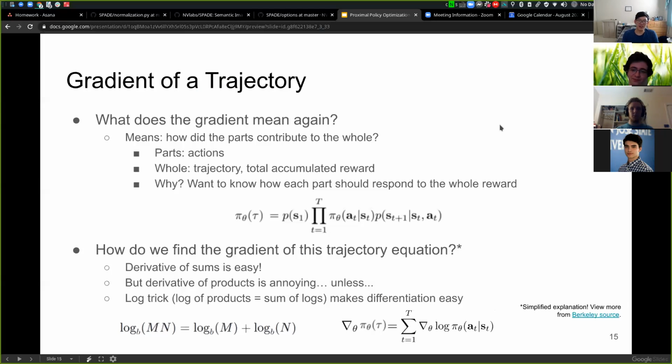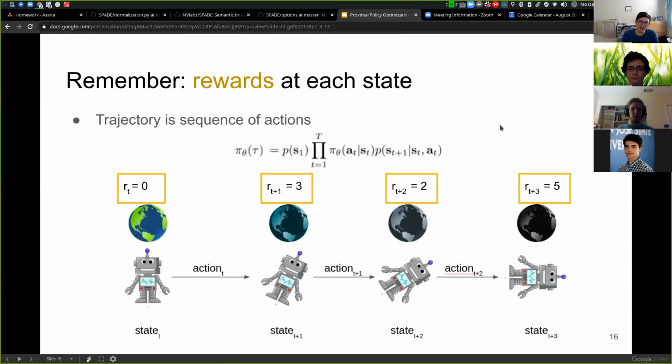All right, so now that we have the gradient of this trajectory, that's not quite it though, right? Because we're trying to evaluate our model based on the reward, not just on what trajectory we took. They're kind of related, but how exactly? Remember that for our trajectory, we also get rewards at each state. So we're going to have a reward at time 0, and so on as we go.